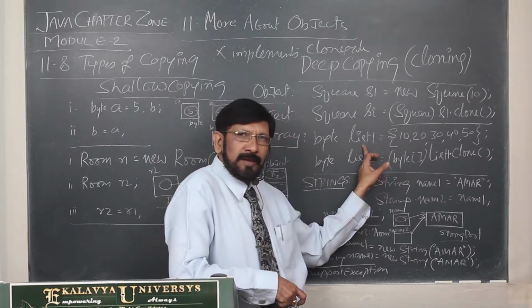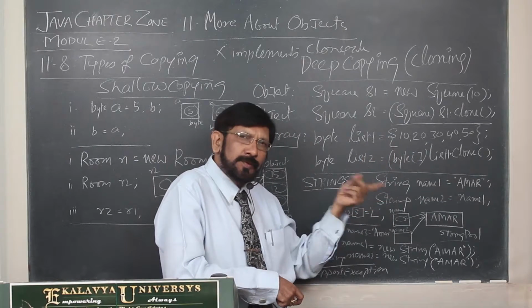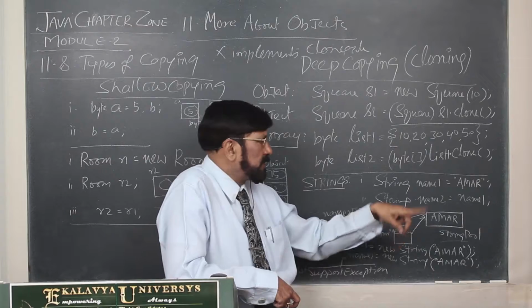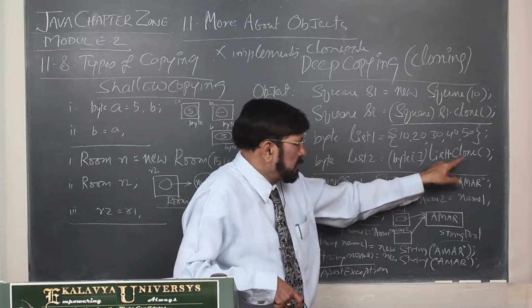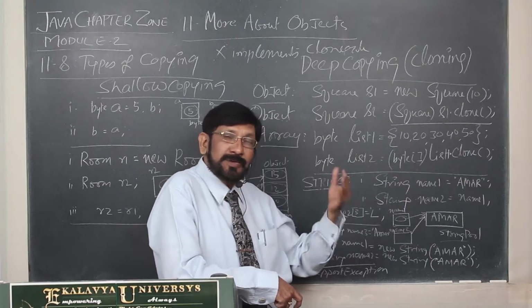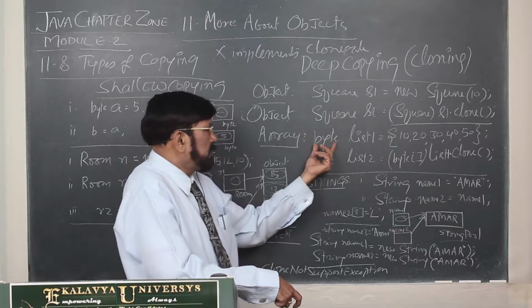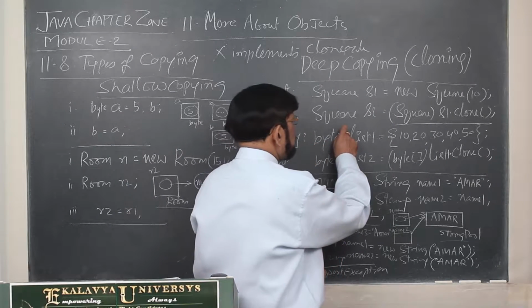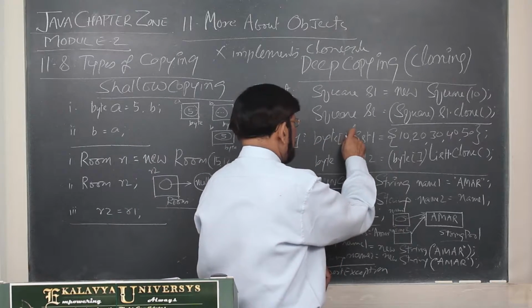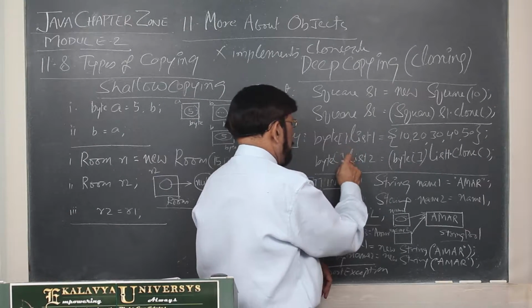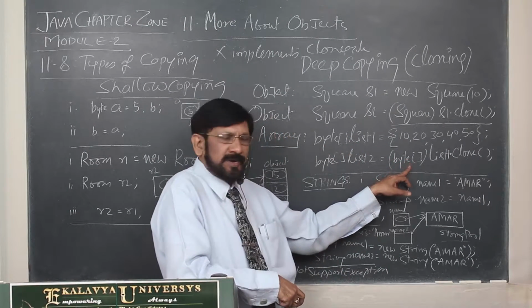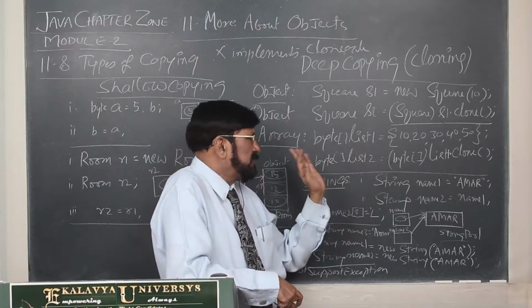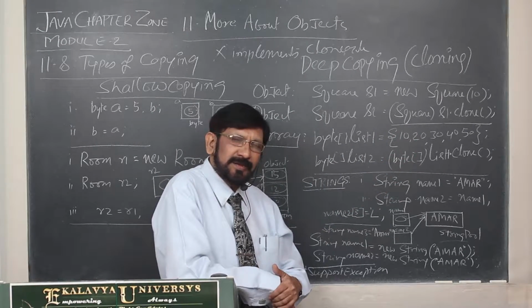You want to clone list 1 as list 2. List 1 dot clone. Thereafter, which type of array you require? The type you must write. Typecasting is required. Then list 2, a different object, is created.